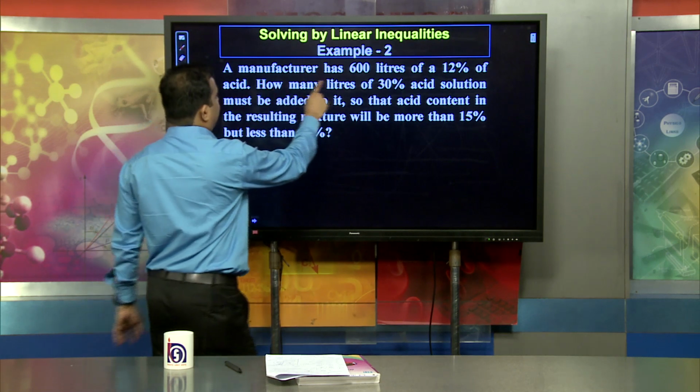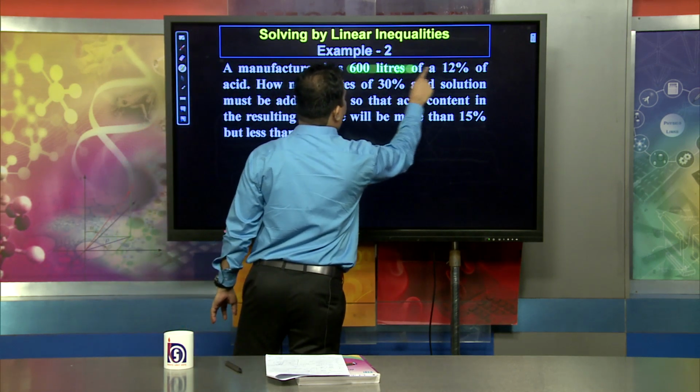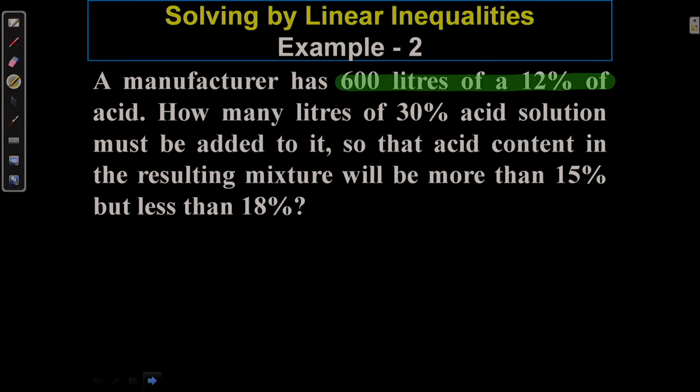A manufacturer has 600 liters of 12% acid. The question is, how many liters of 30% acid solution must be added so that the acid content in the resulting mixture will be more than 15%, which is one inequality, and the second inequality will be less than 18%.